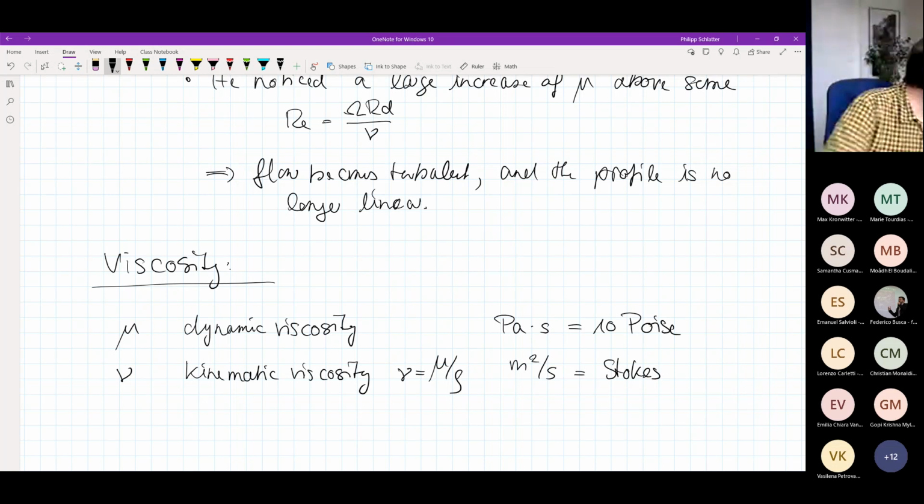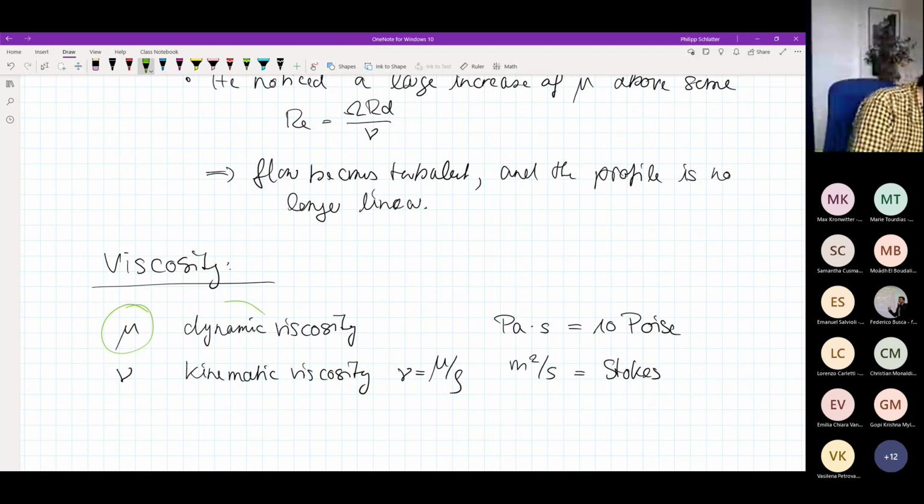But I guess more important is to understand why these different ways of writing the viscosity actually exist and what their basic meaning is. Well, the dynamic viscosity, the mu here, that's essentially, if we just talk about viscosity, the viscosity one talks about. That is the viscosity that directly relates to forces.